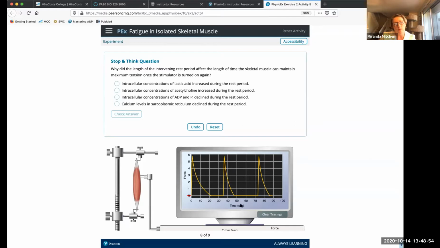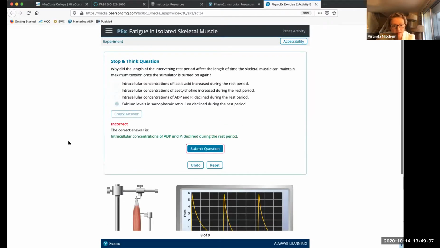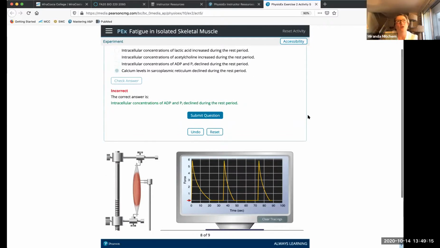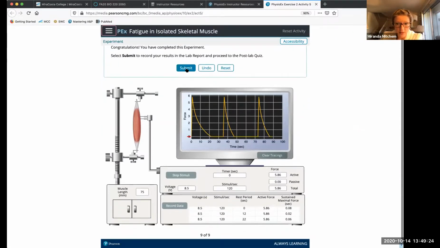If there's a longer rest period, it would make sense that that would give the cell time to recover its calcium levels. But that's saying that they declined in the sarcoplasmic reticulum. Let's just see what they say. Yeah, so our ADP, we're running out of nutrient, out of energy with this process. And the longer the period of time is, there's more energy needed, right? So cool, that's it for this one.